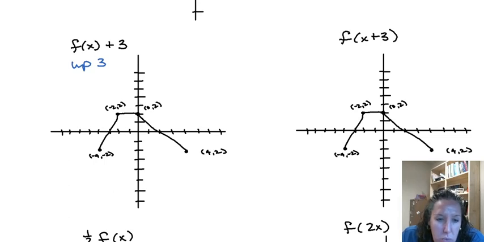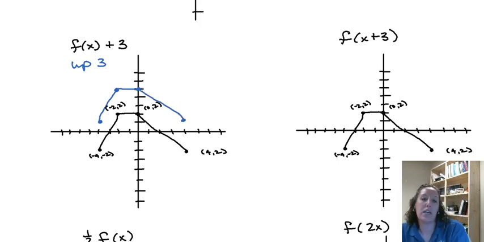So up 1, 2, 3, and up 1, 2, 3, up 1, 2, 3, and up 1, 2, 3. And so our final graph here is that same shape, just shifted up 3.